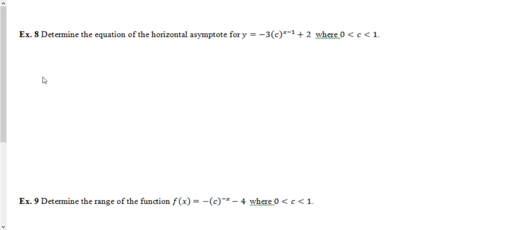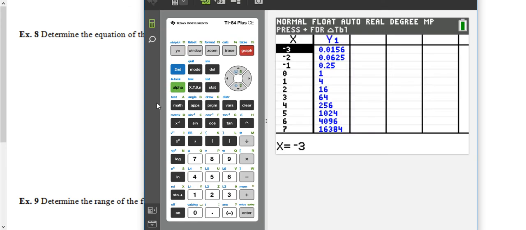In example number 8, we have to determine the equation of the horizontal asymptote based on this equation, where c has to be between 0 and 1. My first hint to you is whenever we give you a condition, you should fulfill that condition. If the condition is between 0 and 1, the first c value I'm going to use is 1/2.